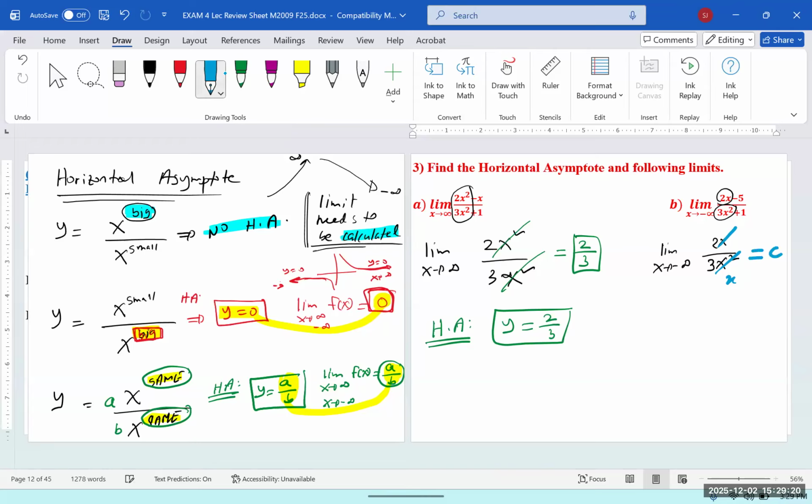The answer is automatically 0. So your horizontal asymptote is y equals 0. Denominator bigger means it's always 0. You don't care whether you're going to positive infinity or negative infinity, the answer is 0.